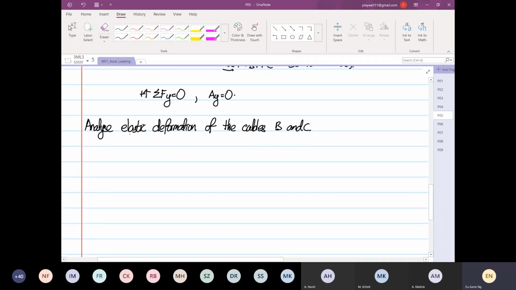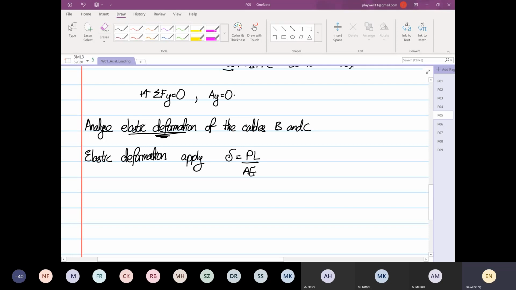So now when we do elastic deformation analysis, you have to be careful. It is no more static analysis already. When you go into elastic deformation, we're going to apply that deflection is equal to PL over AE.